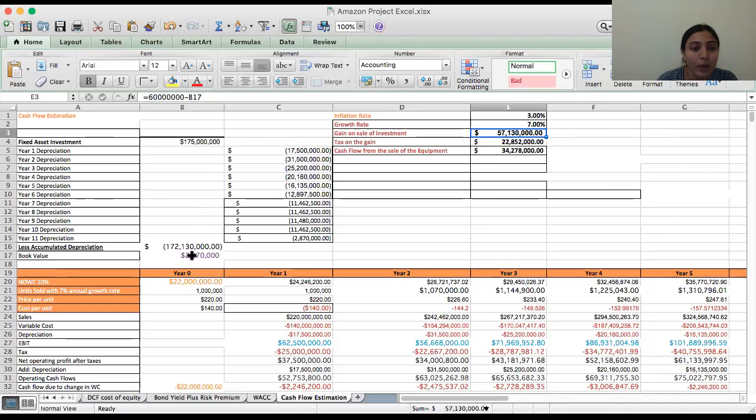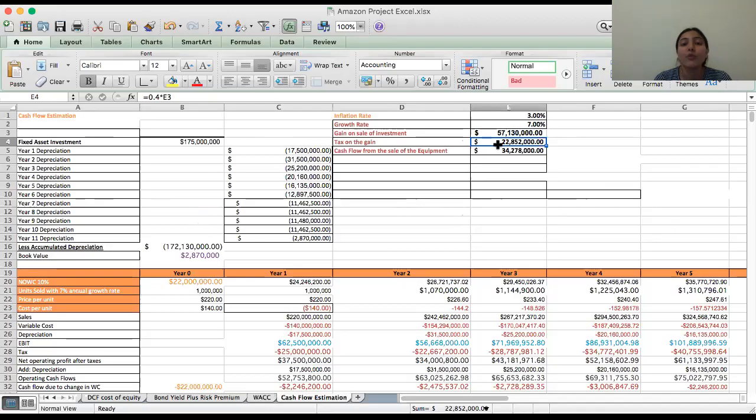This is my book value rate, and in this way we can get the gain on sale of investment. And for the tax on the gain, I've applied 40% on the gain on sale of investment amount. So this is my tax on the gain.